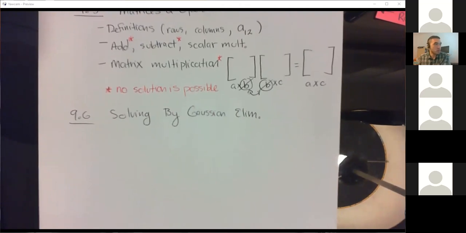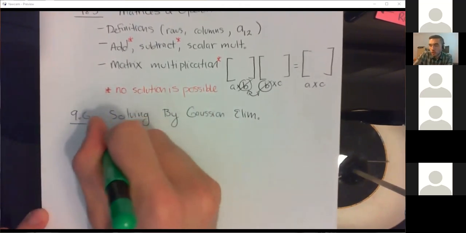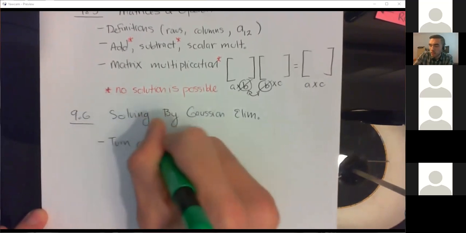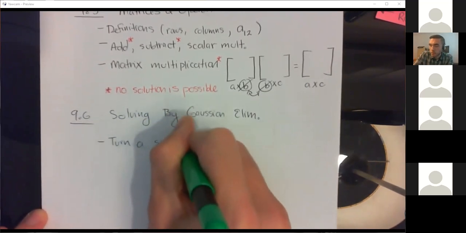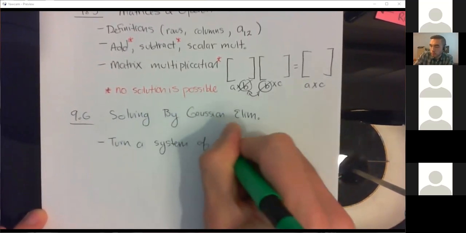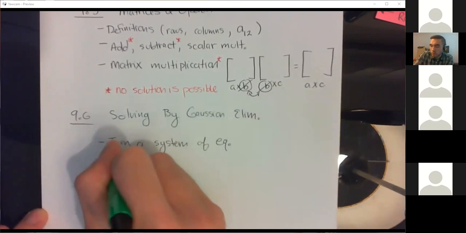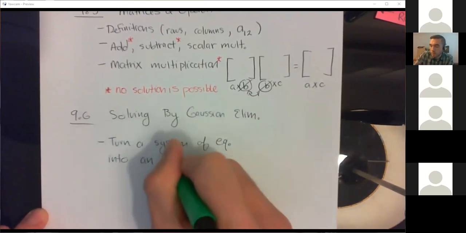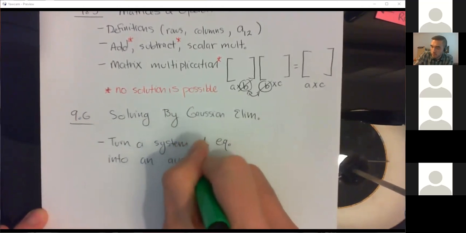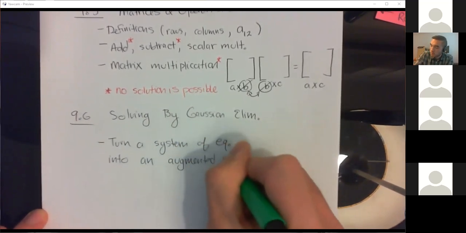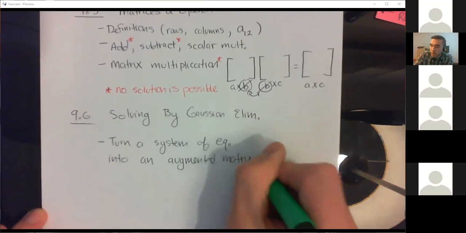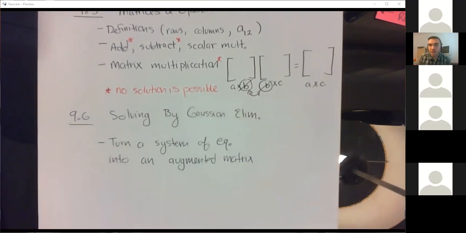Number one, you need to know how to turn a system of linear equations into an augmented matrix. So if I give you the linear system of 3x plus 4y is equal to 12, 6x minus 2y is equal to 11, you need to be able to know how to pull those coefficients off and build them into a matrix, which can then be solved.